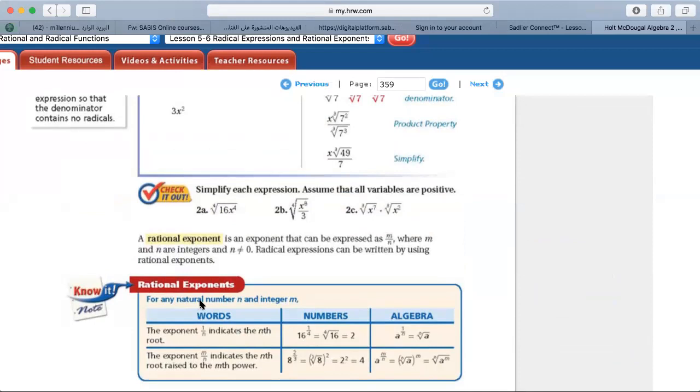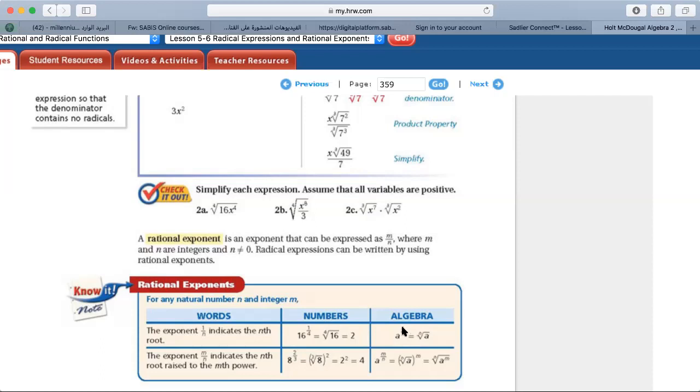For any natural number n and integer m, the exponent 1 over n indicates the nth root, like 16 to the power 1 over 4 is equal to the fourth root of 16, which is equal to 2. So a to the exponent 1 over n is equal to the nth root of a.